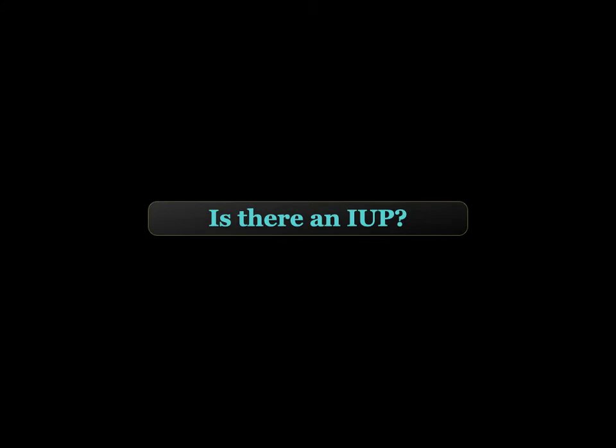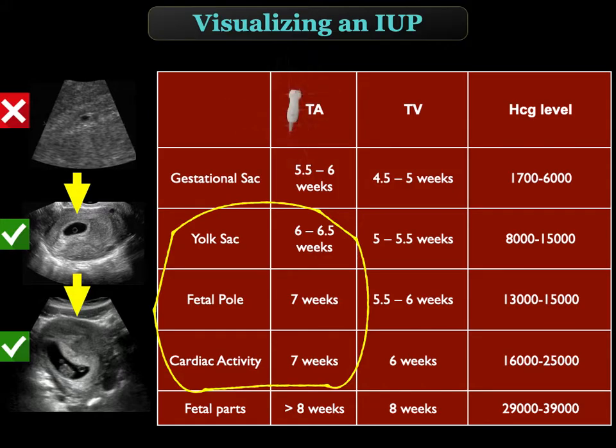So the first question that you want to ask yourself every time you perform a transabdominal OB ultrasound is whether you see an intrauterine pregnancy or IUP. When performing a transabdominal OB ultrasound, you'll generally see an intrauterine pregnancy after 6 weeks.